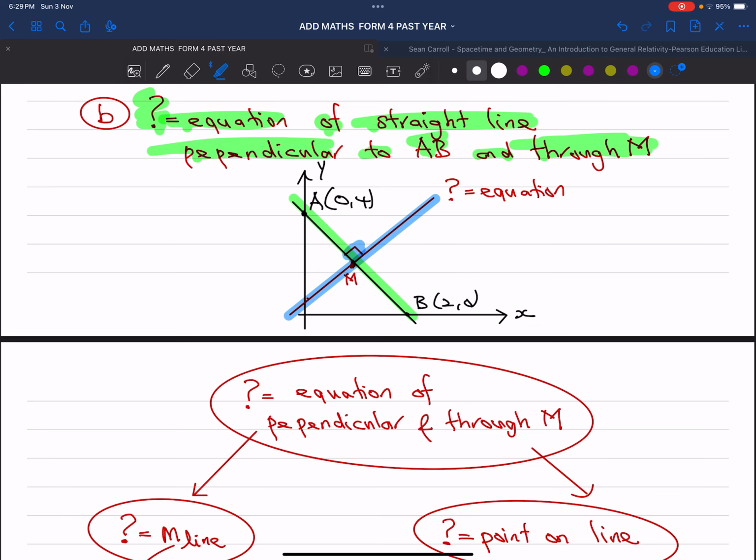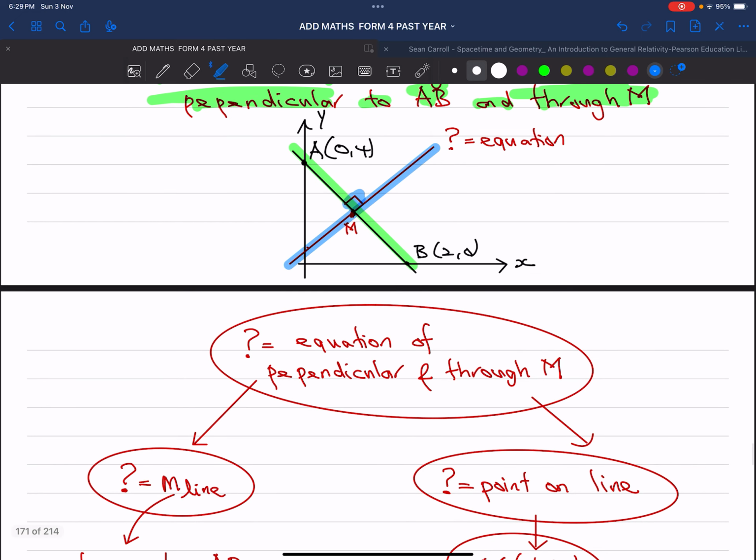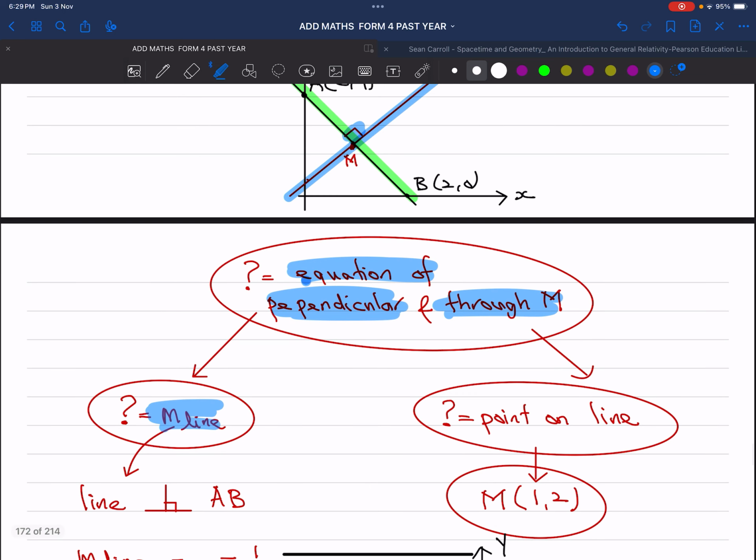Now from the notes, if you want to find the equation of a line, you need the gradient of the line and a point on the line. So here, to find the equation of the perpendicular line through M, you need the gradient of the line and a point on the line.